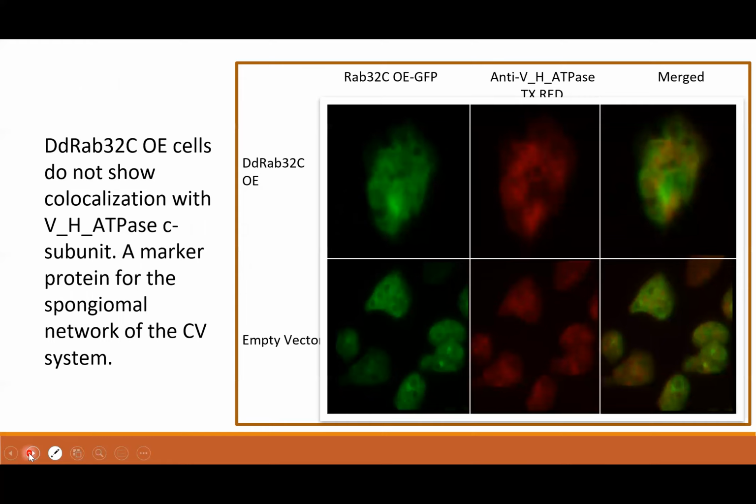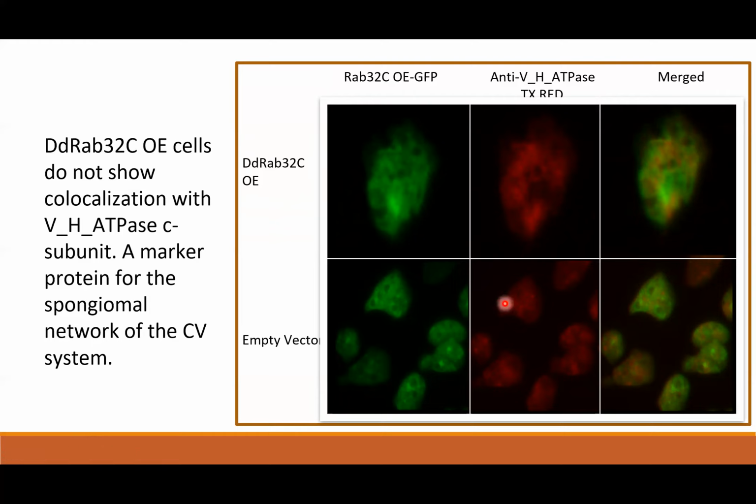Some of the work that I began with was I wanted to look at co-localization. So does Rab32C co-localize to the contractile vacuole network? So we did this by looking at contractile vacuole marker proteins and doing immunofluorescence. There are two marker proteins for the contractile vacuole network. First one is the VH-ATPase C subunit. As I previously mentioned, the VH-ATPase pump is found abundantly within the spongiome network of the contractile vacuole system.